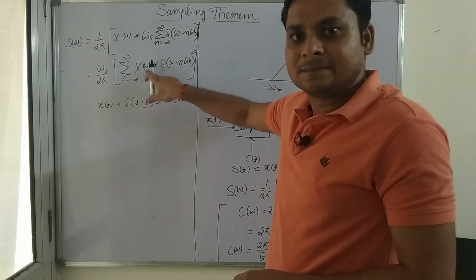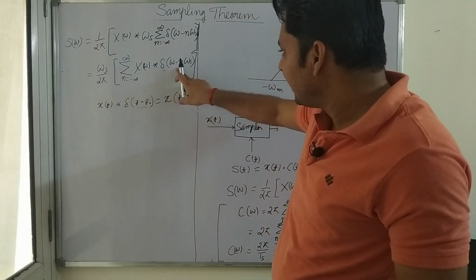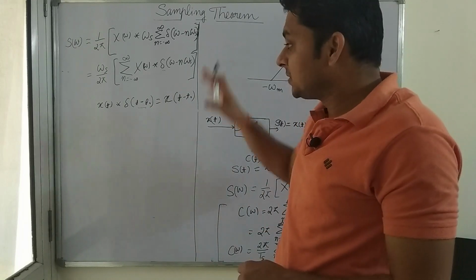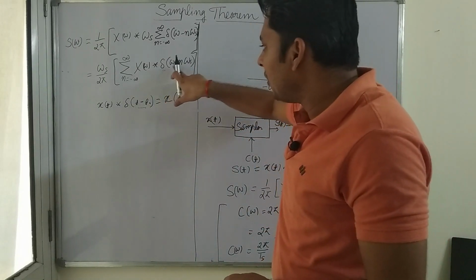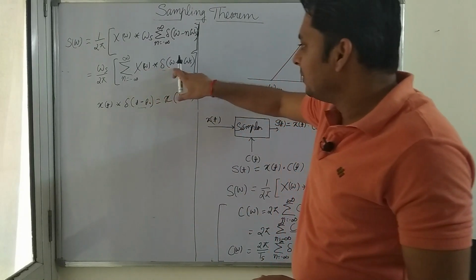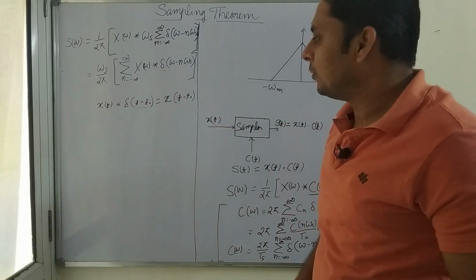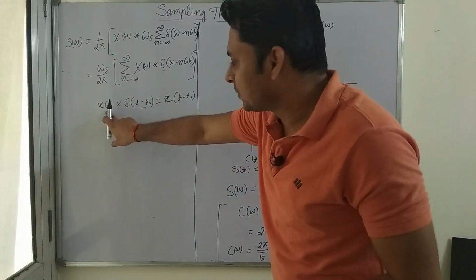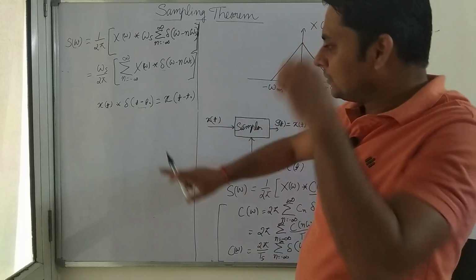Let's compare it with the expression. X(omega) is convolved with delta of omega minus n omega s. So this will result in X of, and in place of omega we put omega minus n omega s, as in place of t we put t minus t naught.